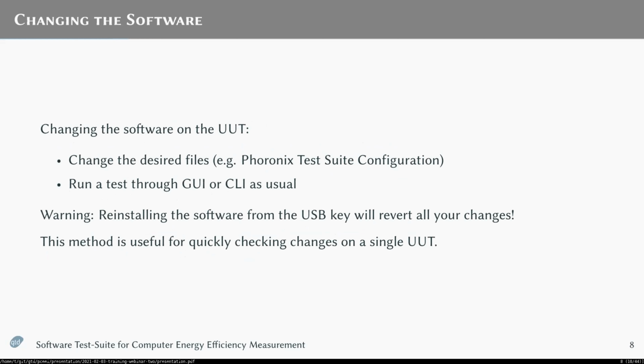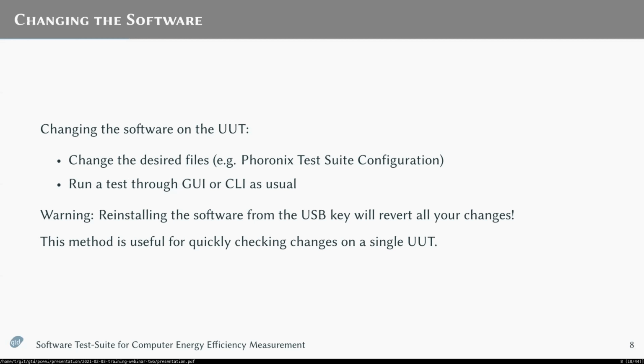So for a start, I would recommend the other method, which is changing the software on the unit under test after installation. So you do the installation as usual according to the test procedure. And once this is installed, you change the desired files either in the folder on the desktop or in the folder for the PHORONIX test suite configuration in the home directory.